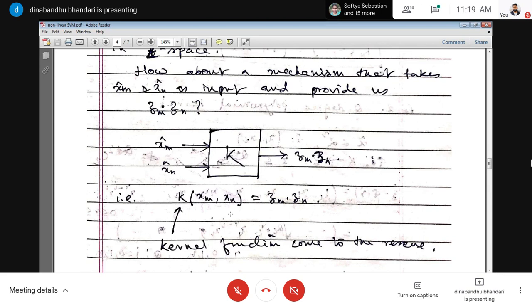You understand? So your cost will increase very little bit, but you will get an advantage of a very, very high level, a huge advantage. Okay? These kernel functions provide us that.